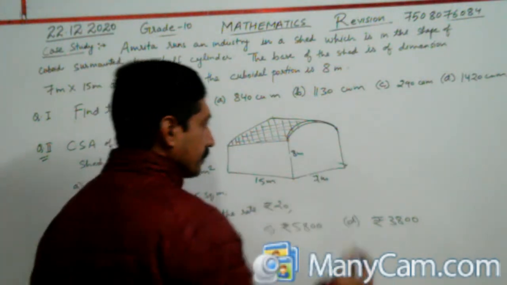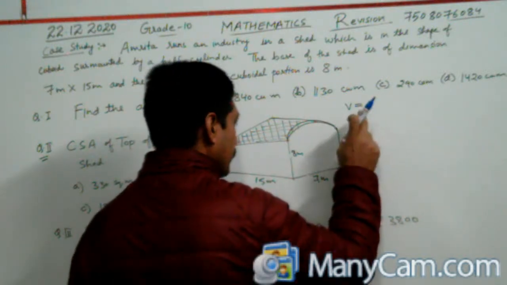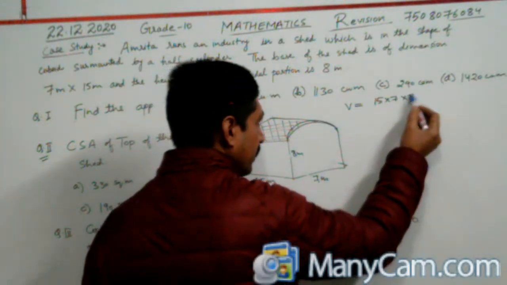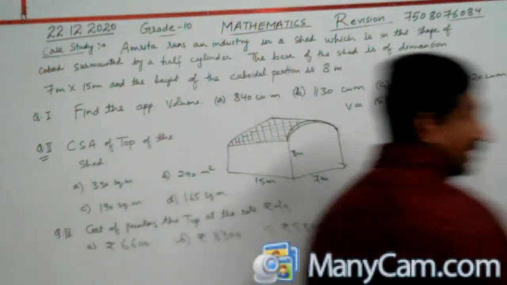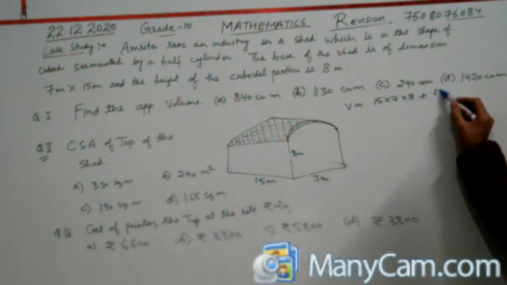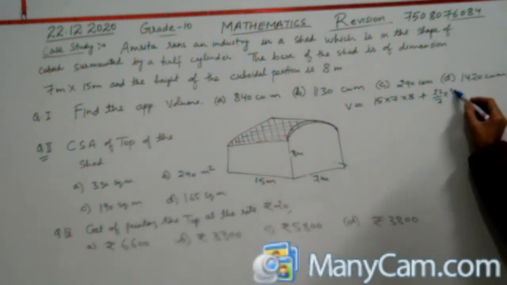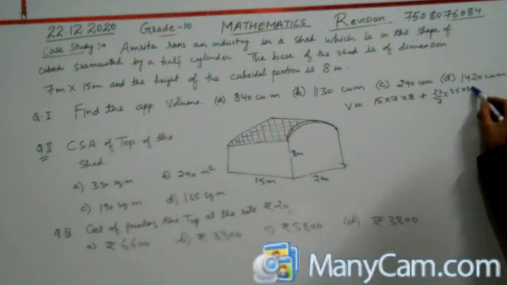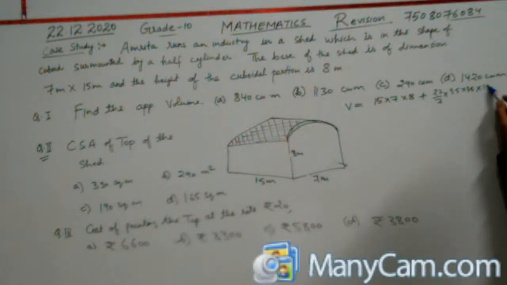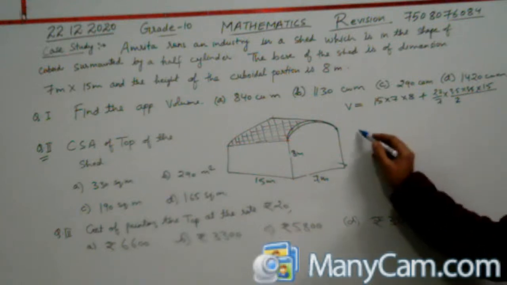So one volume is LBH, 15 into 7 into 8, and the other is pi r square h, 22 upon 7 into r square. R is 3.5, so 3.5 into 3.5 into h. H will be 15 divided by 2 because it is already half. So this calculation we will do.